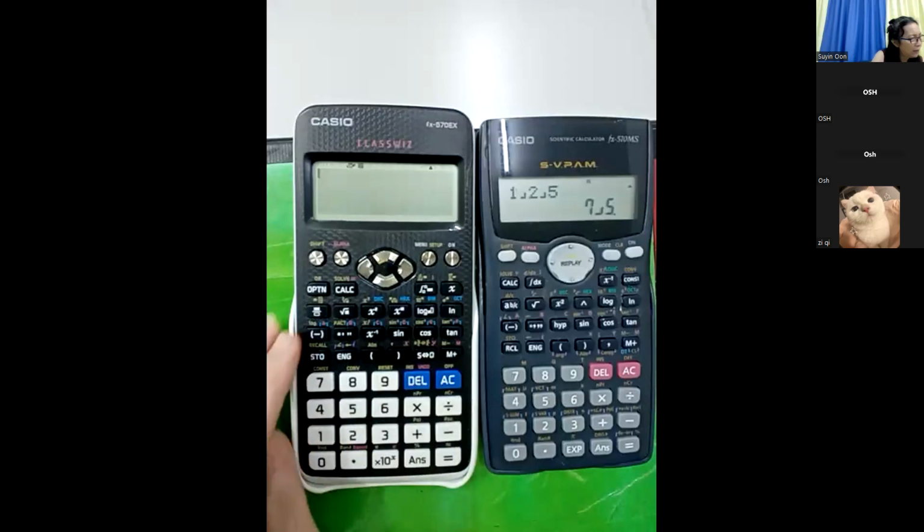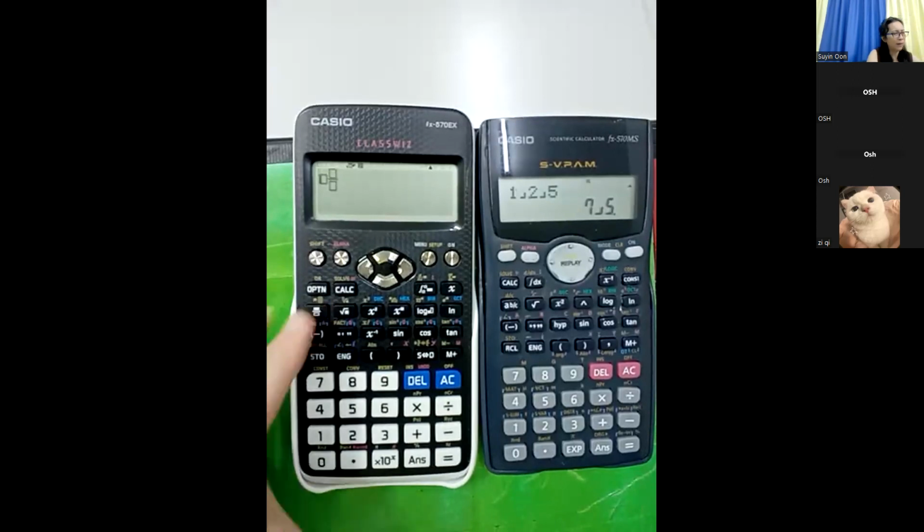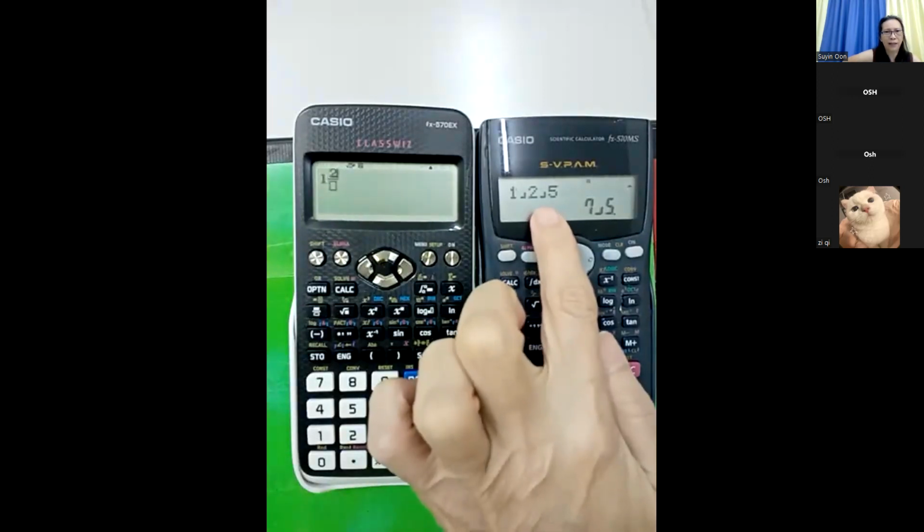Then you see this orange one above. If you want to use this button, you press shift and this one. This is your mixed number. Let's say 1 and 2, because 1 and 2 per 5 for this calculator is like that.